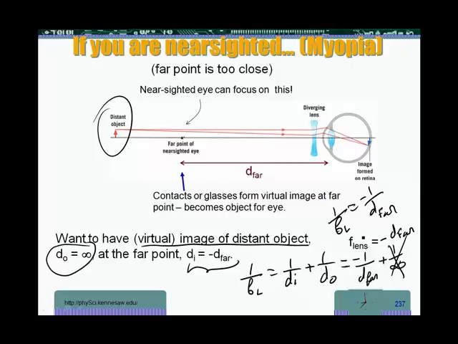In other words, the focal length of the lens that the person needs to use to correct the vision is going to be equal to minus the far point of the nearsighted eye.